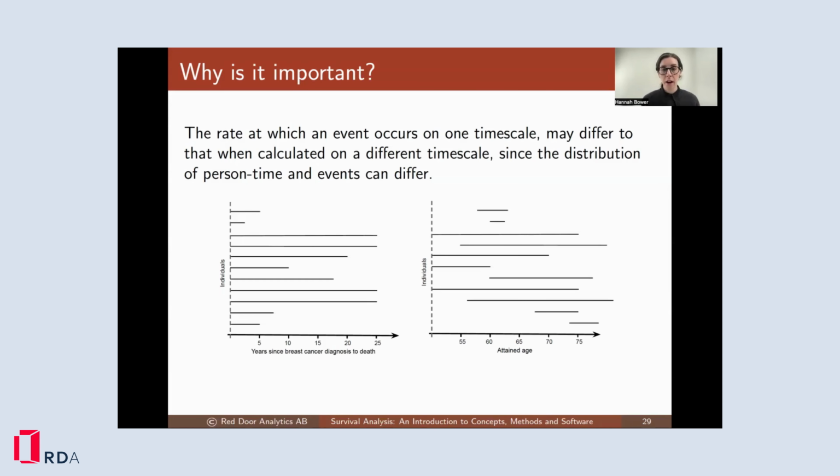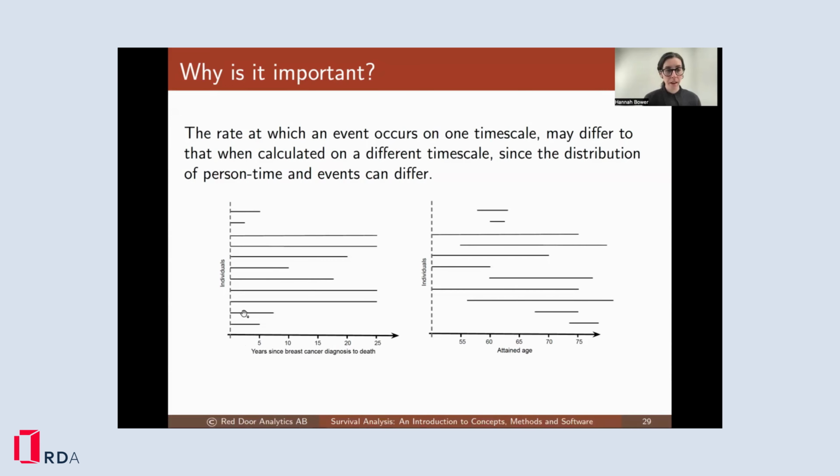On the right-hand side of the plot, we actually transform this to the attained age timescale. So if we focus on the left-hand side for now, we can see that all of the individuals start at time 0, which is their breast cancer diagnosis, and they're followed across this timescale. And we've seen this graph before in the previous section. So hopefully you're familiar with this.